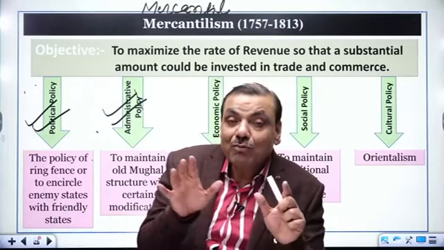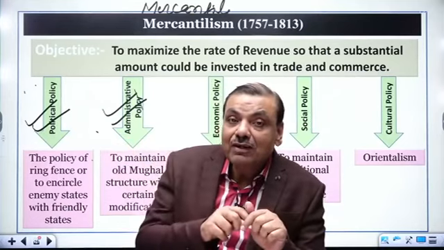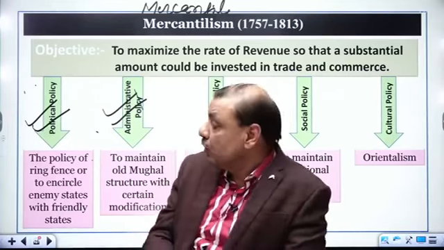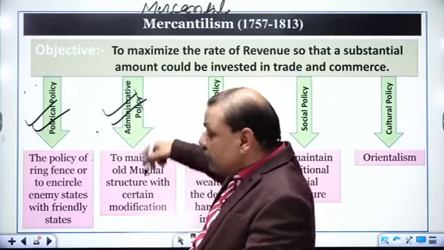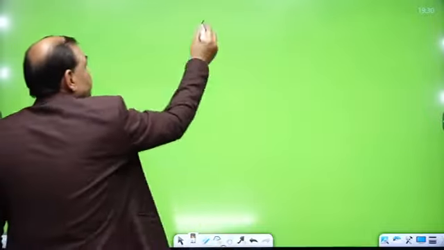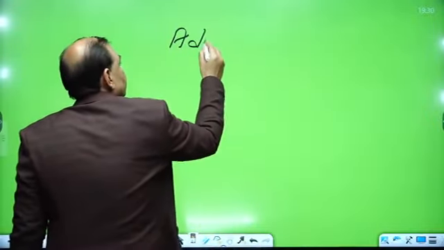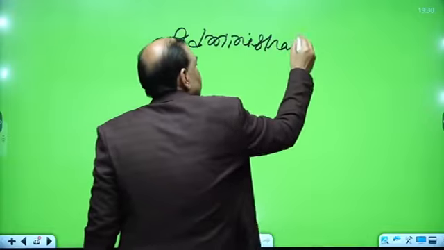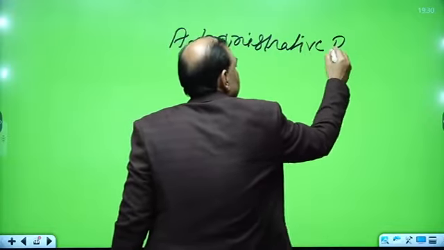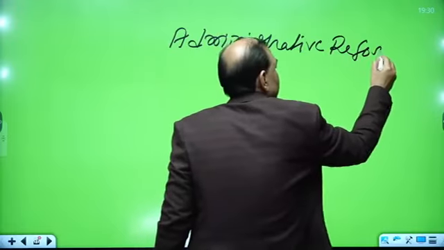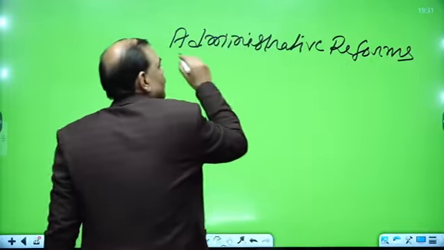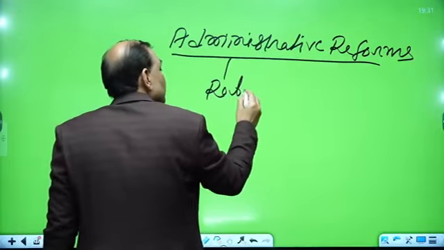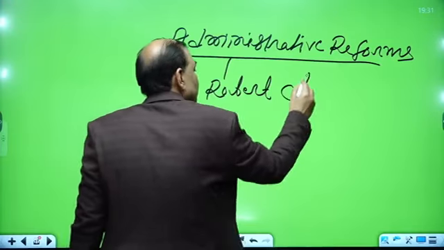But my students, once I finish this part, the mercantile phase, and move to the industrial phase, more and more things will be clear to you. So now I am moving to the administrative reforms. Here we are supposed to mention only three characters. Robert Clive.